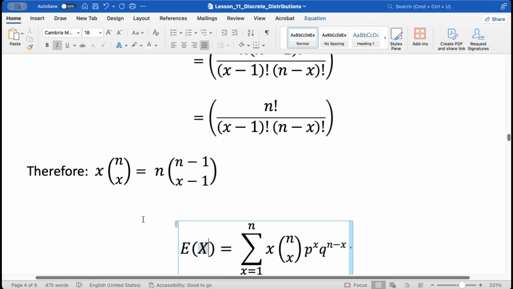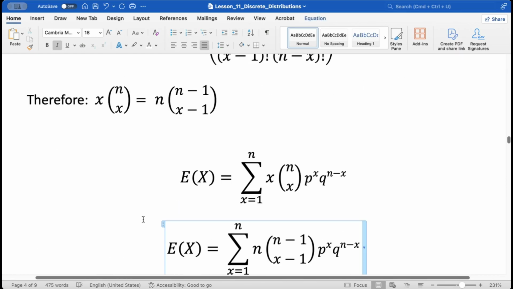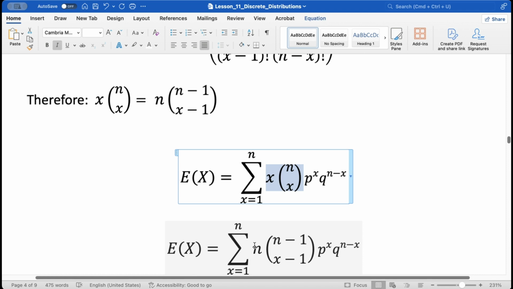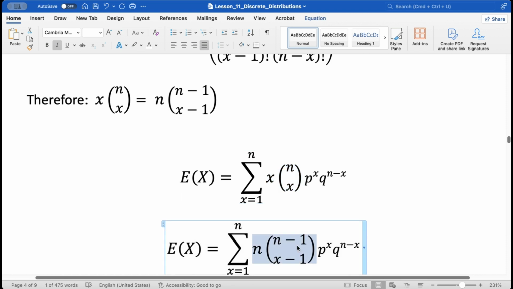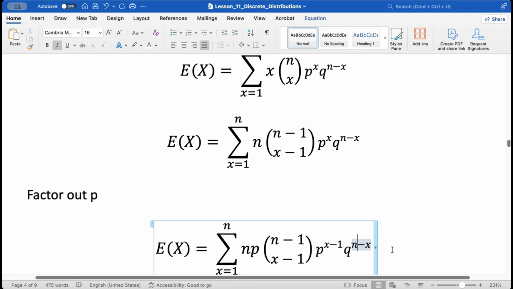So we can substitute that into this expected value expression. We can replace x times n choose x with n times n minus 1 choose x minus 1. Now n is fixed in this sum. The sum depends on the value that x is at, so we can factor out the n, and we can factor out one of the p values.